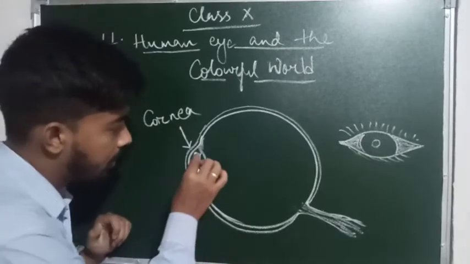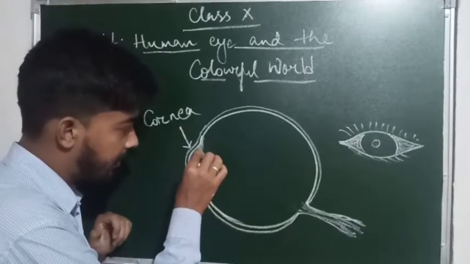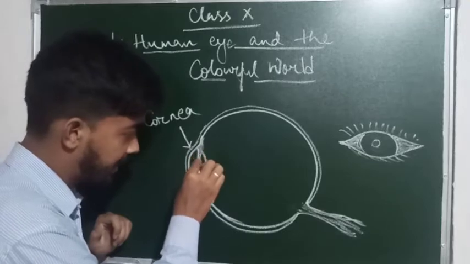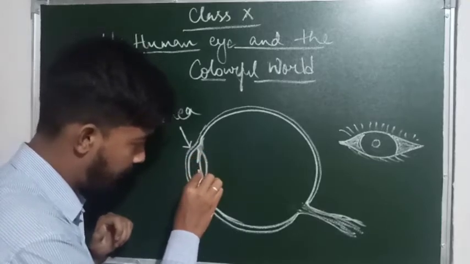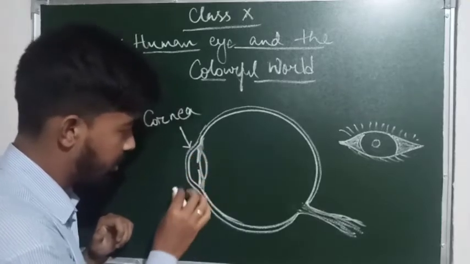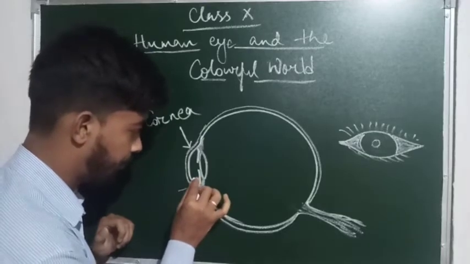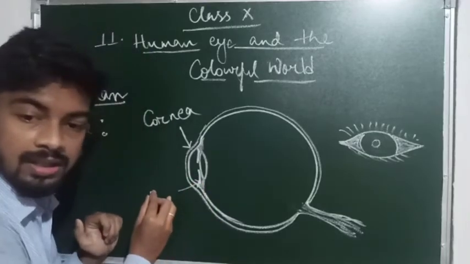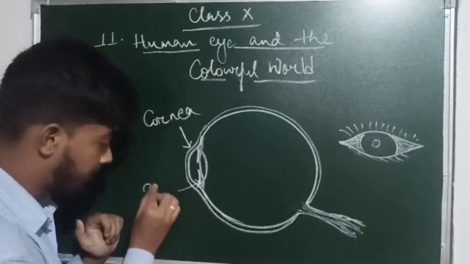After that, there is the black layer, or the black part of the eye, this one. This is the iris.